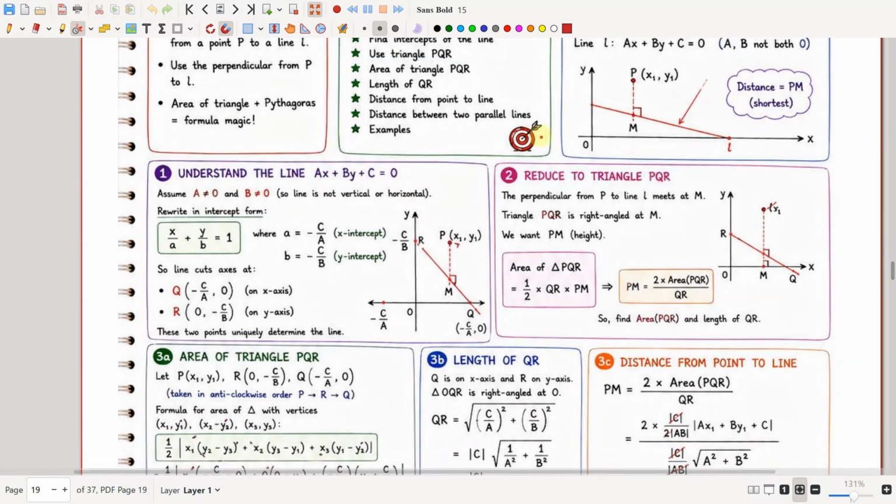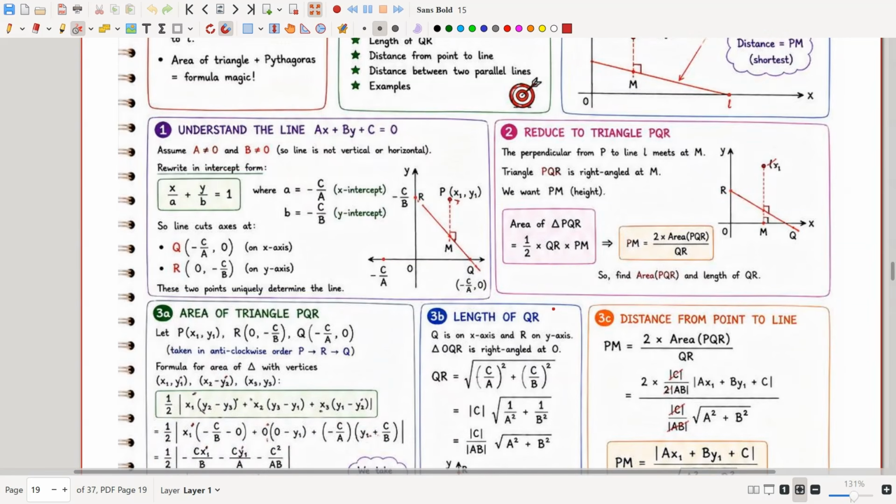Understanding a line will be useful using the intercept form, x by a plus y by b is equal to 1, where the x-intercept is minus c by a and the y-intercept is minus c by b. And the area of the triangle will be 1 by 2 into b into h, the base into height, right? So this formula only we are using here.